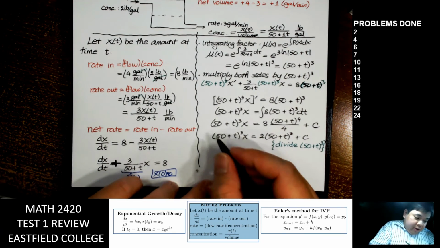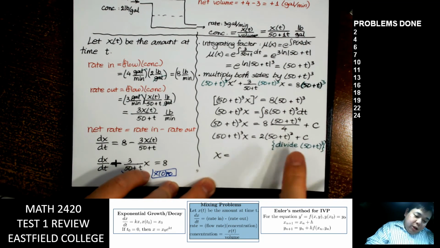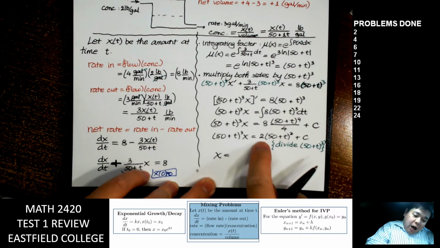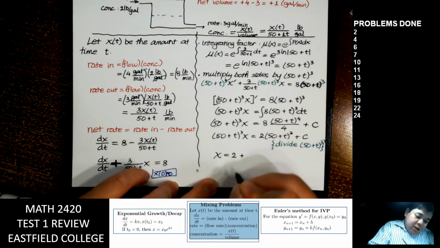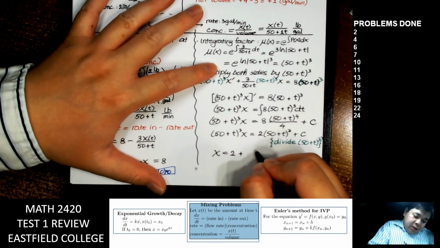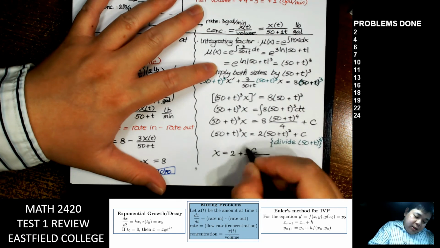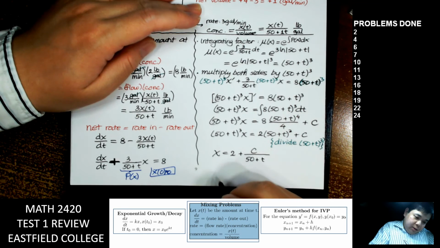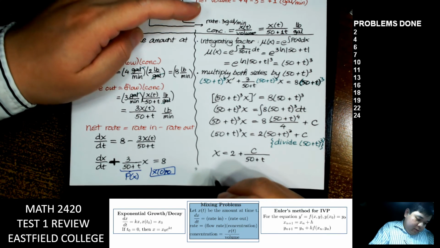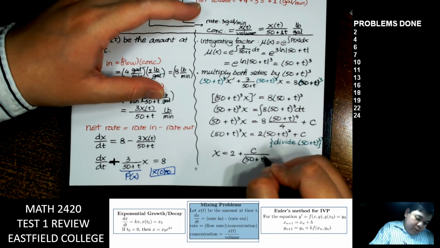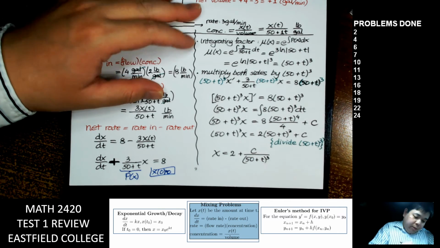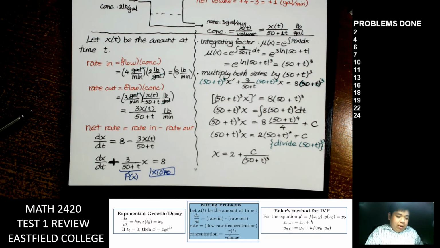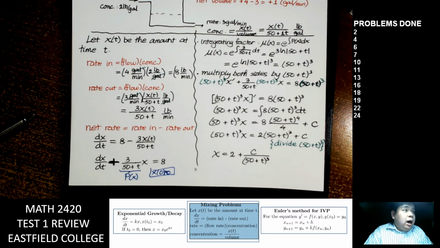Right, so we have x equal to 2 plus c over (50 plus t) cubed. Right, so that is the solution.